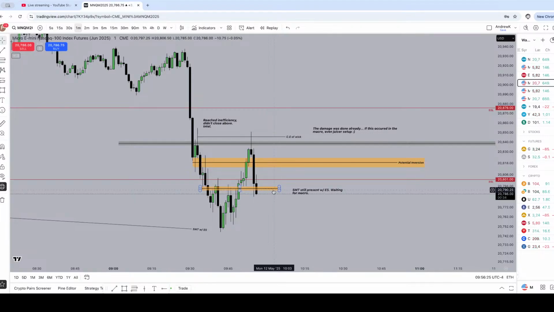I want to look at ES for that too. Let me see. Ideally, you could probably short to these lows here too. It's 50 points.